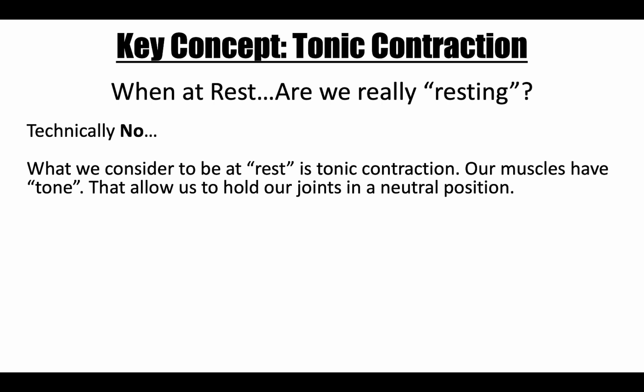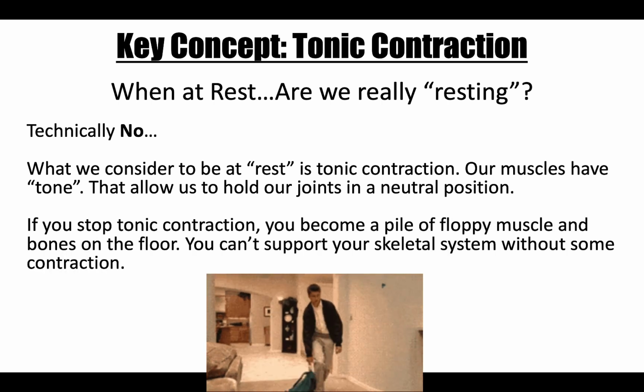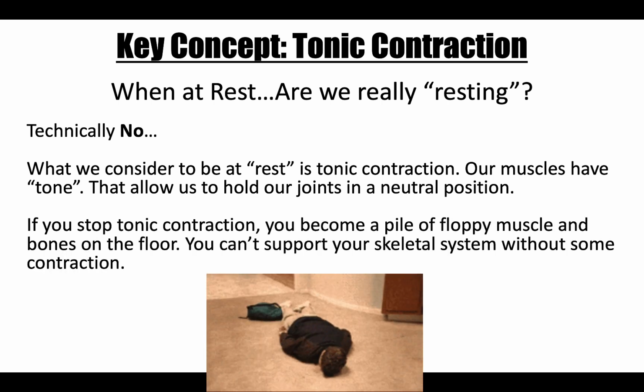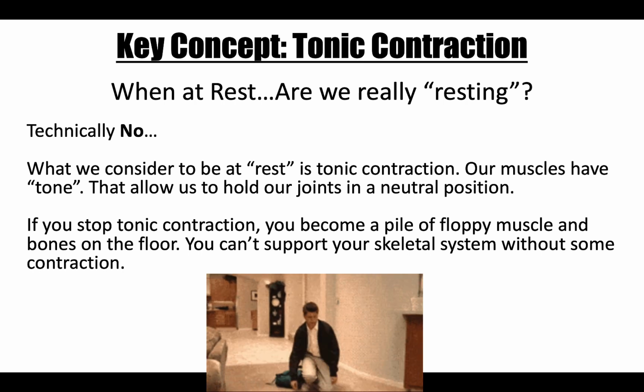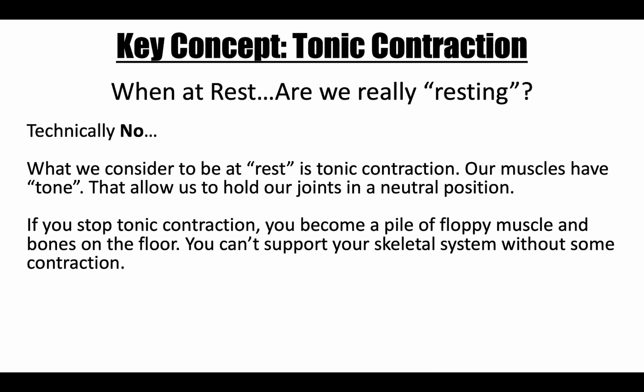In theory, if you stopped tonically contracting, you would in some ways end up as like a pile of bones on the floor. In our wrist example, we would be floppy, not holding it in a neutral position while we actively contract and move other parts of our upper limb around.